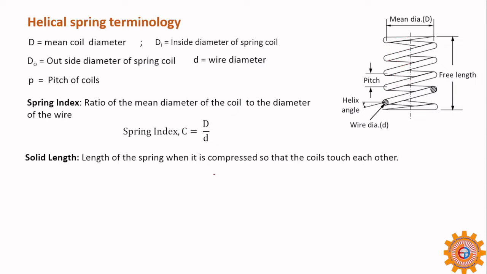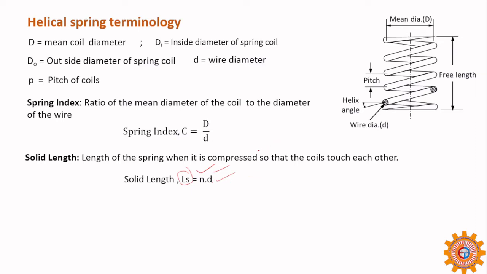That we call the solid length. That depends on the number of coils: one round is one coil, and the next round is connected to it. Solid length is represented by LS. N is equal to the number of coils.